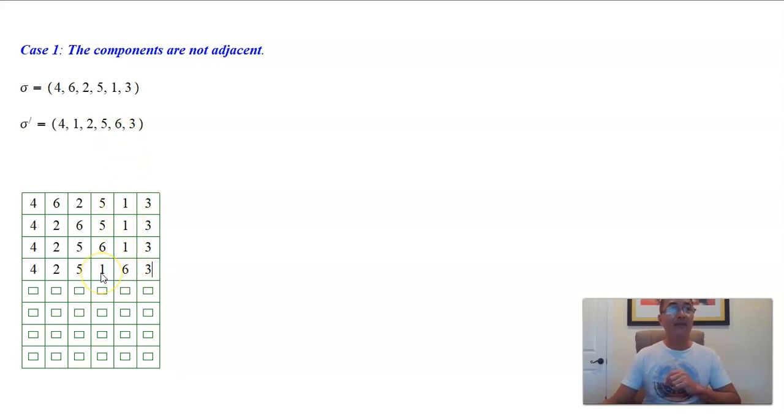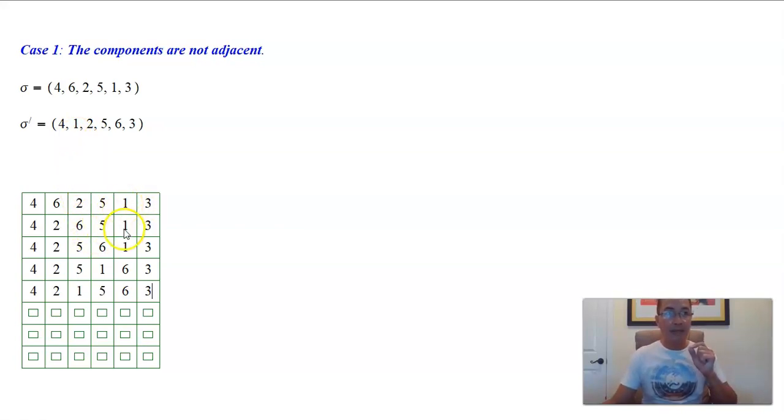What about 1? 1 has to go to the second component. So now it has to scoot over to the left. 1 has to swap with 5. 4, 2, 1, 5, 6, 3. Are we there yet? No, we have one more switch to go. But where are we so far?